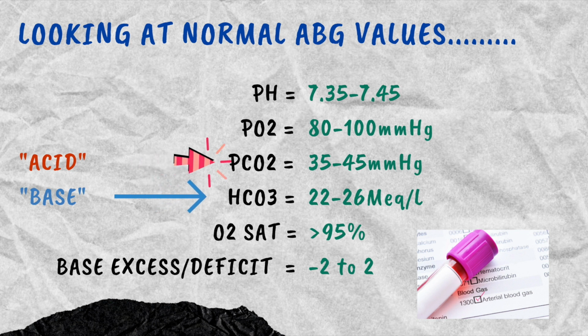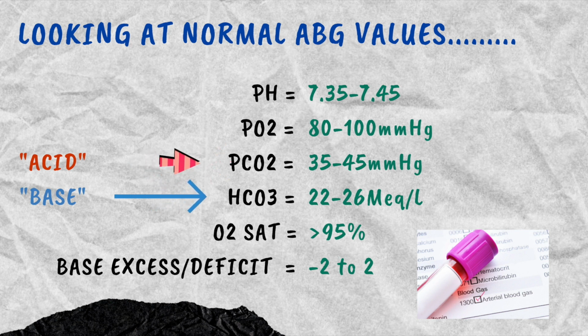Just like when we talk about the carbon dioxide is specific to looking at the respiratory status, base excess is going to be an indicator of your metabolic status, so your metabolic base. So it works the same way. If you're in the positive, you have a higher amount of base. If you're in the negative, then you have too little base.